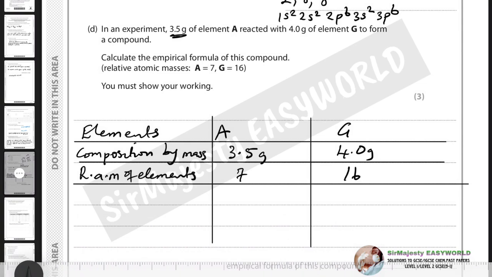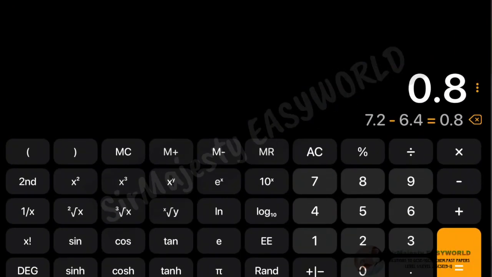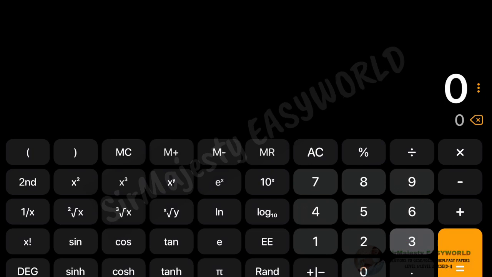The next thing you're going to do is divide composition by mass by the relative atomic mass, so you get the mole ratios. To get the mole ratios, you divide the mass given over the relative atomic mass of each element. Therefore, we have 3.5 over 7, going by our calculator. 3.5 over 7 is 0.5.